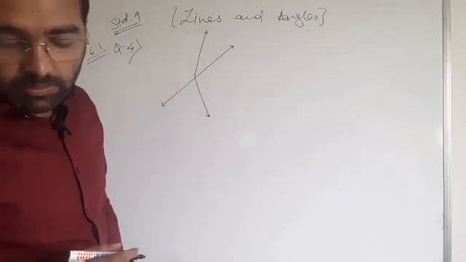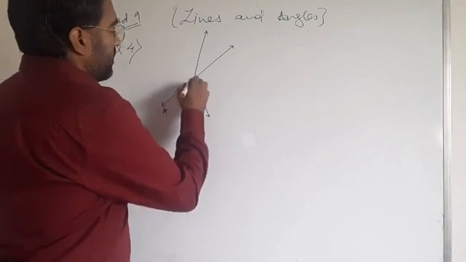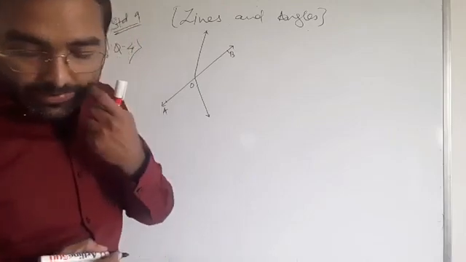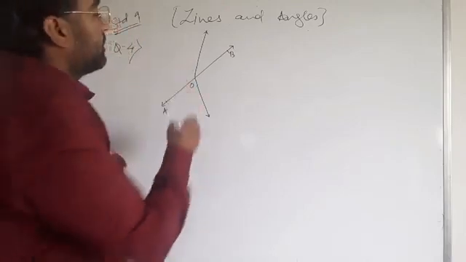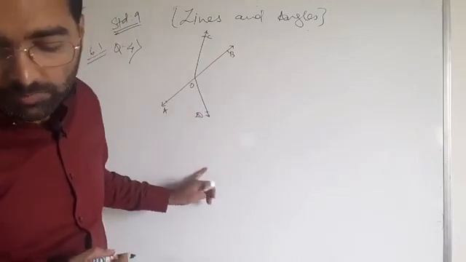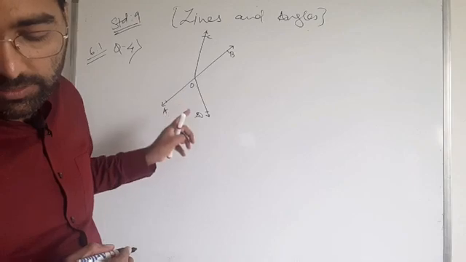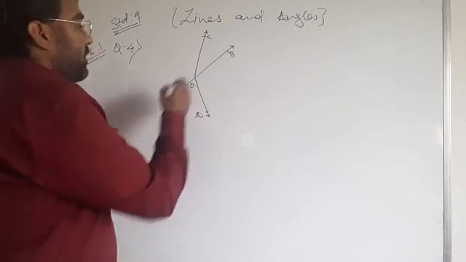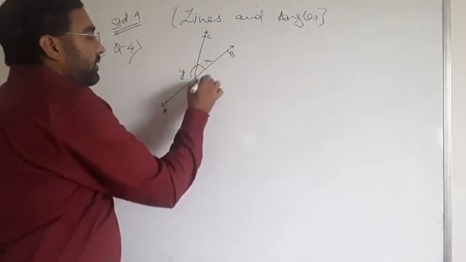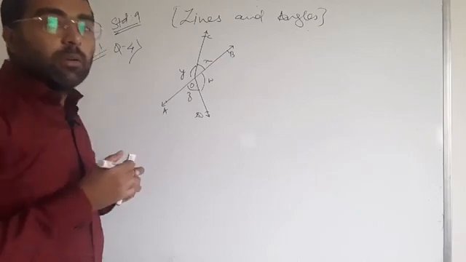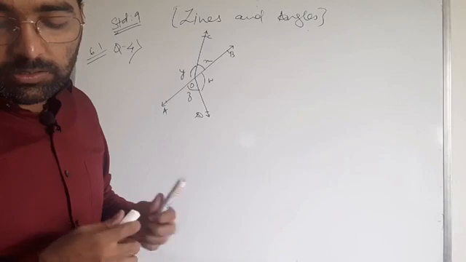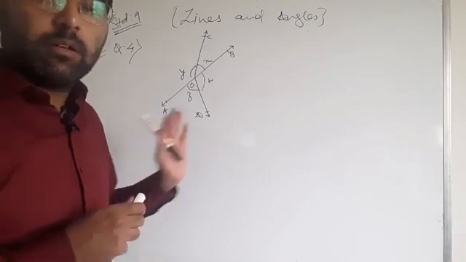Okay, this is the figure, AOB and COD, and from the figure there is x, y, z, and this is w. So now we have to start the proof that AOB is a line.